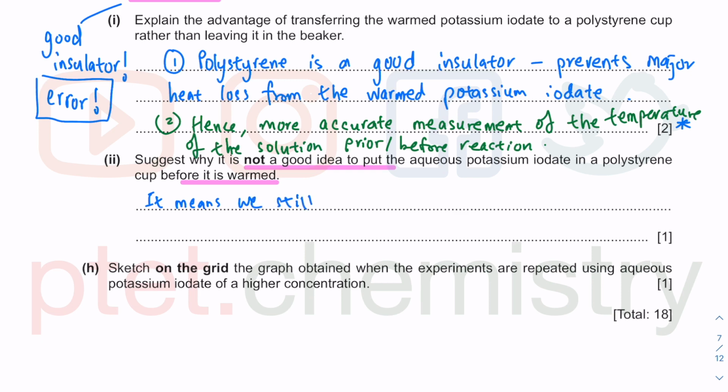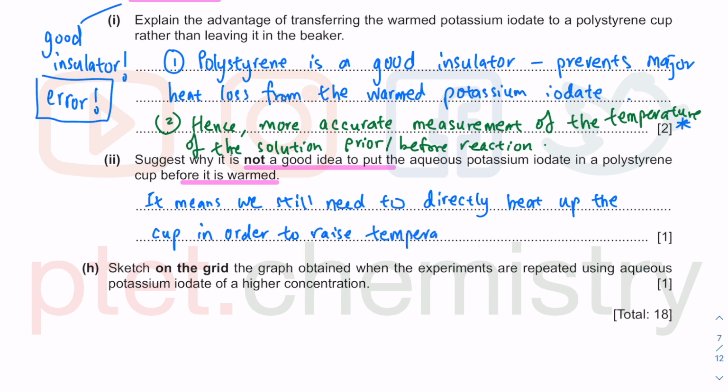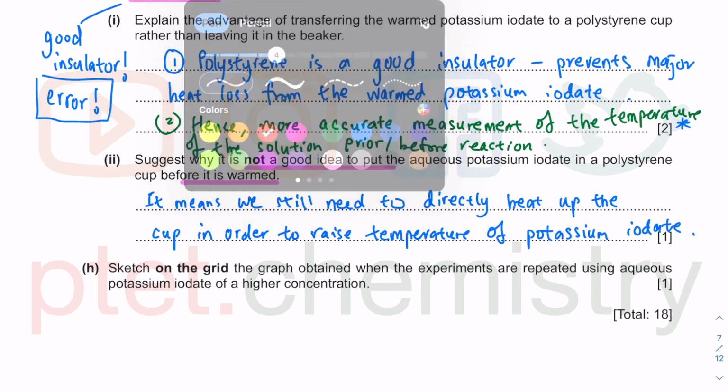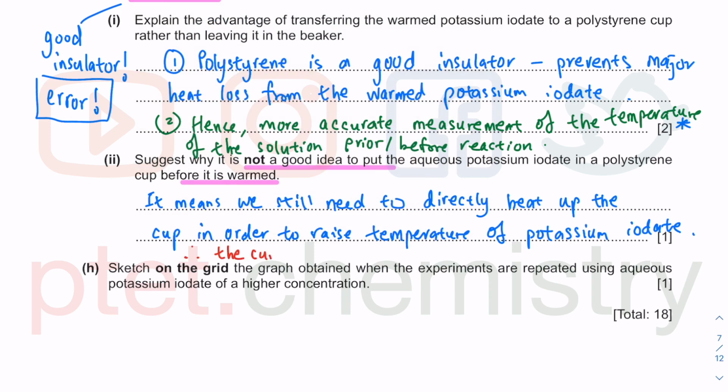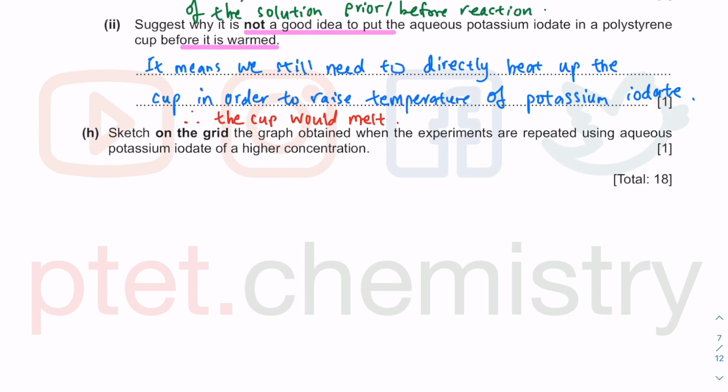We still need to directly heat up the cup in order to raise the temperature of the solution within, the potassium iodide. And you can imagine this becomes a problem. We can heat up the solution inside a beaker, but we could not directly heat up the polystyrene cup, because the cup will melt. Imagine putting the polystyrene cup onto a direct flame, that would definitely melt the plastic cup.